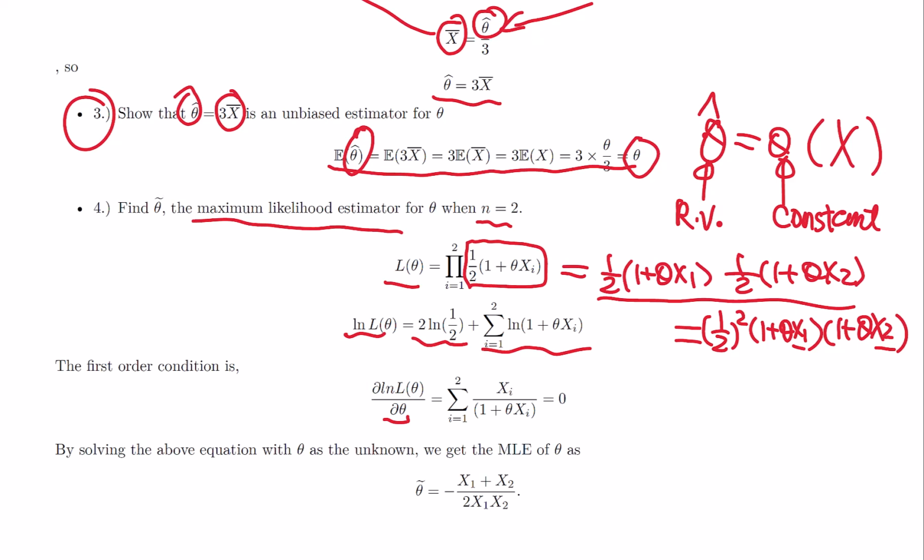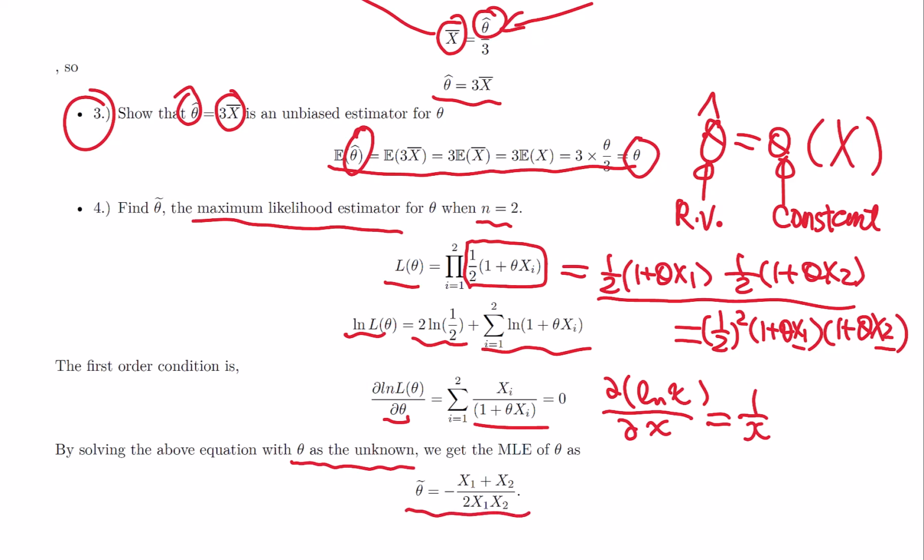And then take the derivative of this ln x. If you take the derivative of ln x with respect to x, you get 1 over x. By solving the above equation with theta as the unknown, we get the MLE of theta as this one.